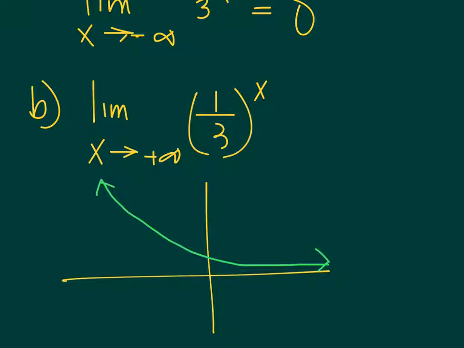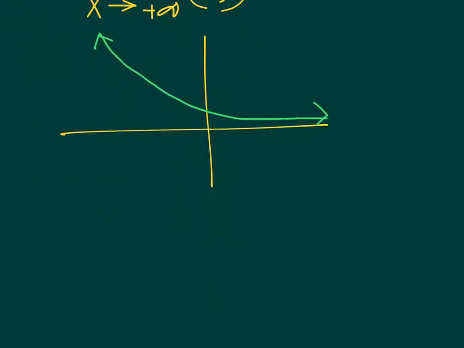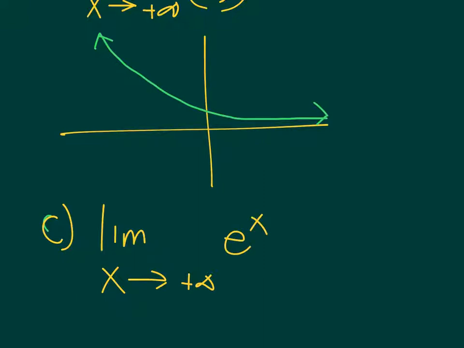And then sometimes the base is not a whole number or a fraction like 1/3. You might encounter the limit as x approaches positive infinity of e to the x. But actually e to the x is just a special case of a to the x.